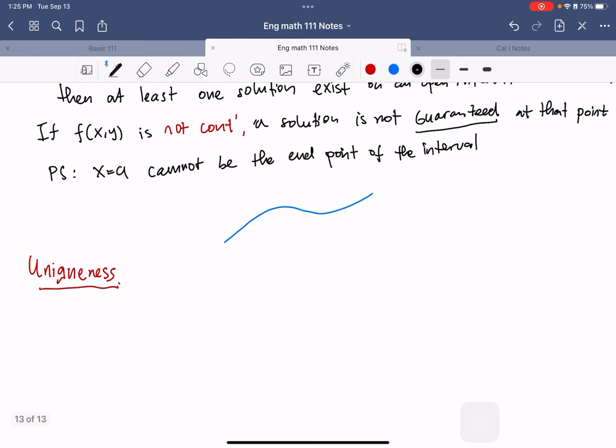The uniqueness will start with the partial of f with respect to y.